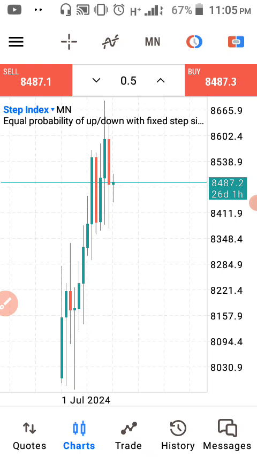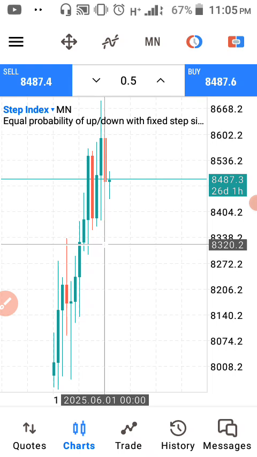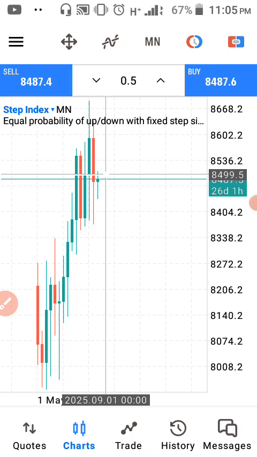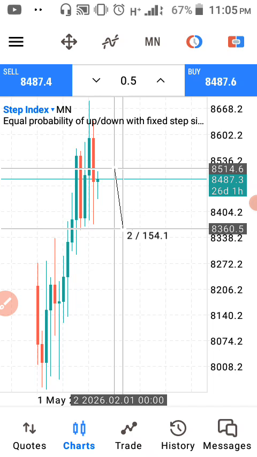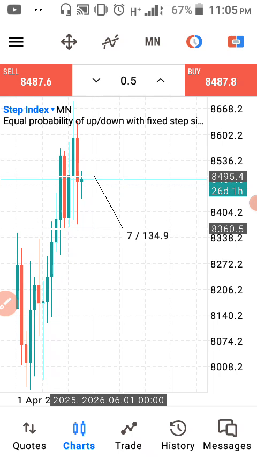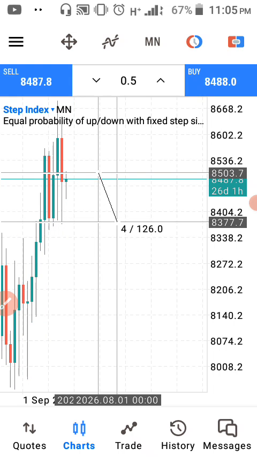If it's the monthly, you have to use the highest time frame here, and the scope is to risk as little as possible or as much as possible. This is $154, but you see, immediately this trade was taken, it went into a low of $104.